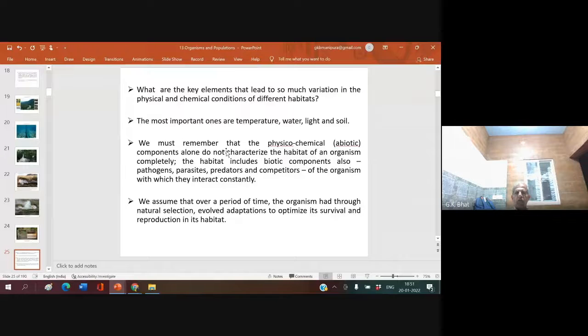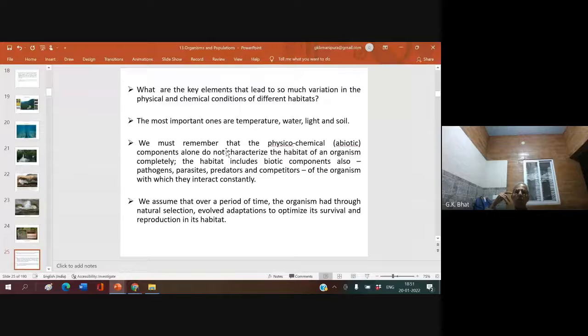We assume that over a period of time, the organism had, through natural selection, evolved adaptations to optimize. What is that? The organisms, through natural selection, that means whatever you are doing to lead a successful life, to just live without any problem, without our knowledge, we incorporate certain changes.